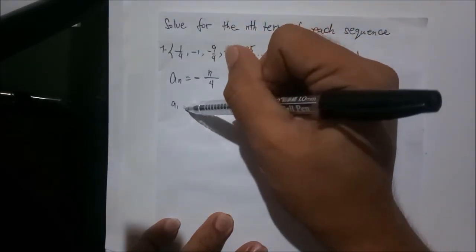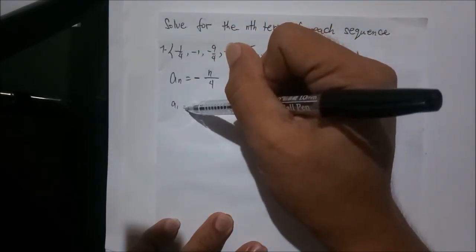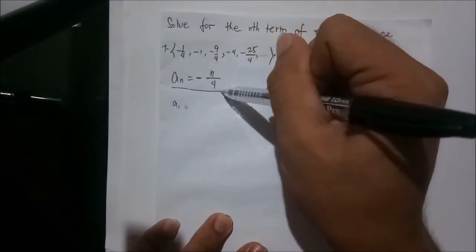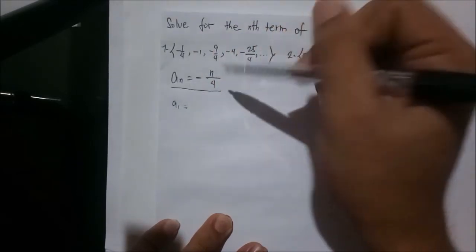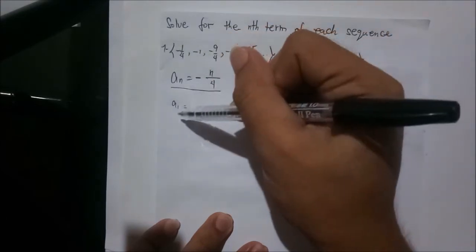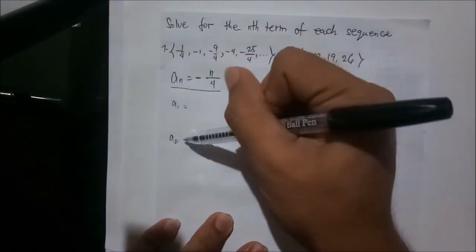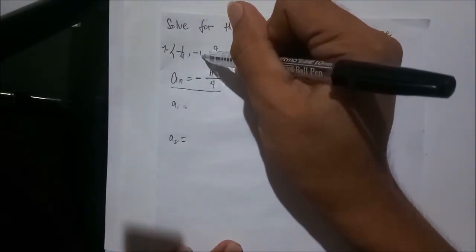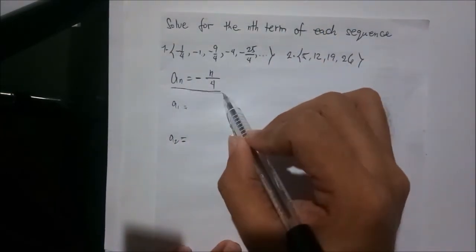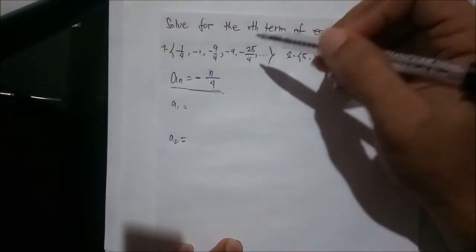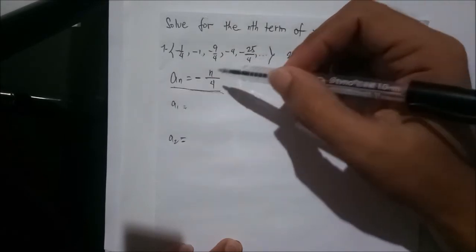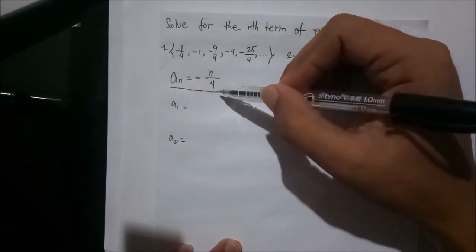If your a sub 1 is the first term and its value is negative 1/4, this nth term is correct. If your a sub 2 has the value negative 1, then your nth term is correct. Let's try to predict and recognize if your nth term is correct.